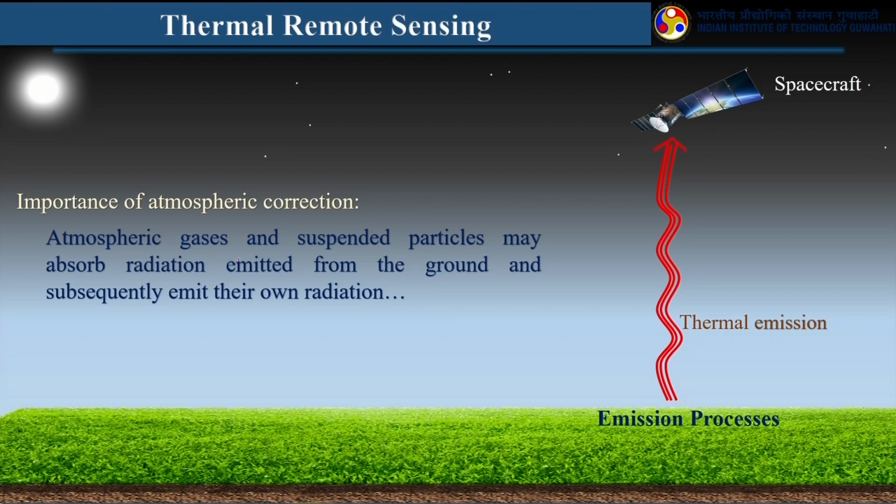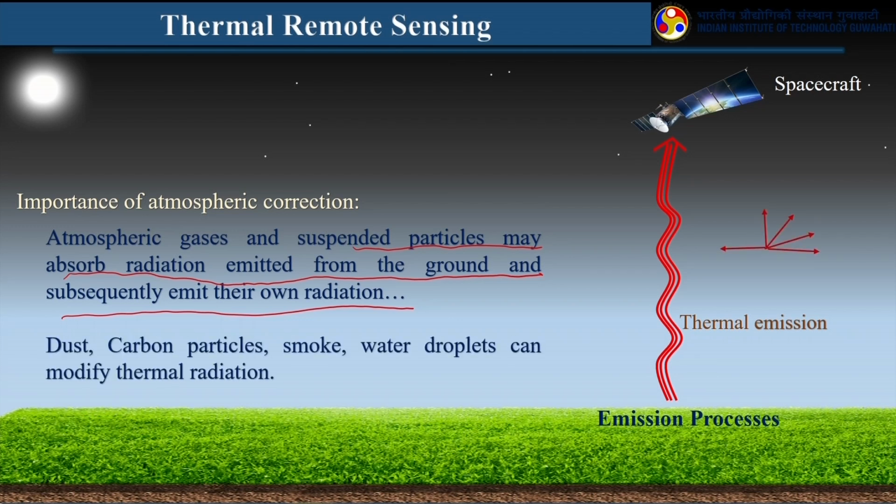The atmospheric gases and suspended particles may absorb radiation emitted from the ground and subsequently emit their own radiation. This is very much possible. Then the next point is that dust, carbon particles, smoke and water droplets can modify thermal radiation. Nowadays we have more pollution, so modification of the signal is very much possible here.